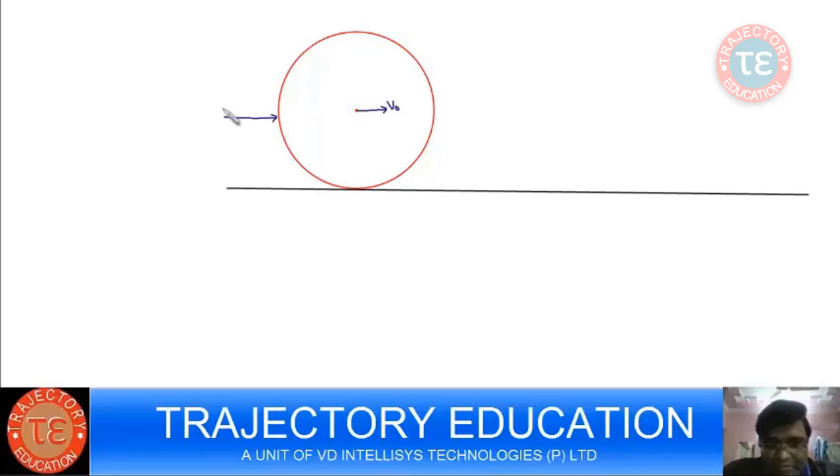I repeat the question. I hit the sphere along the center, which gives it a velocity of v0. Since I am hitting it along the center, this hitting will only lead to VCM, it won't lead to omega, because I am not creating any torque. I am applying a force along the center, so that's not going to create a torque.